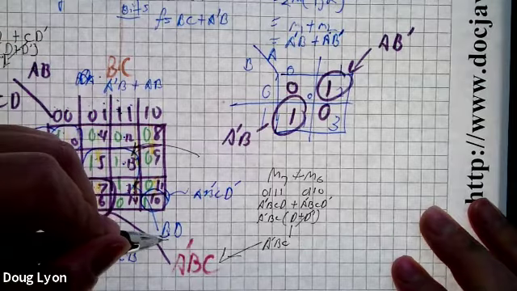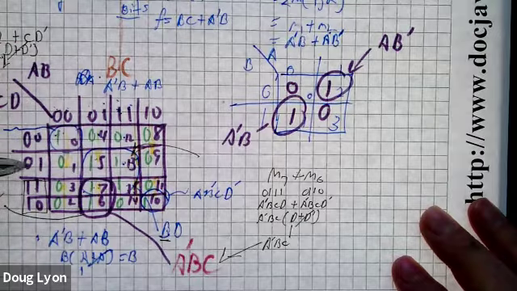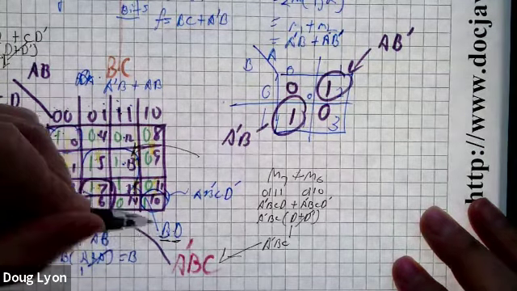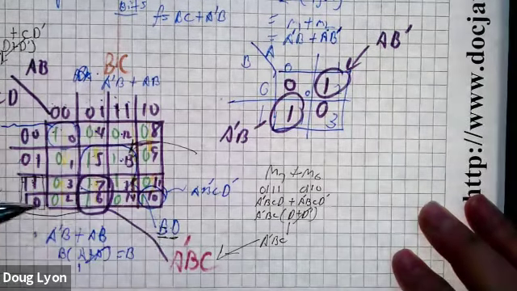So B appears in the product term. Also, when we look on this left side, we see C is changing, but D is constant. So D appears in the product term. And since D corresponds to a 1 and B corresponds to a 1, we leave it in its uninverted form. If it corresponded to a 0, that would be different.